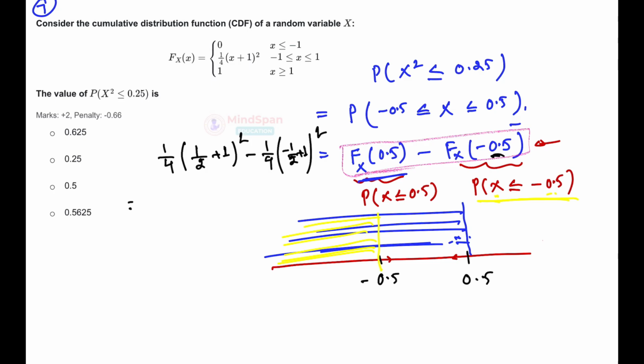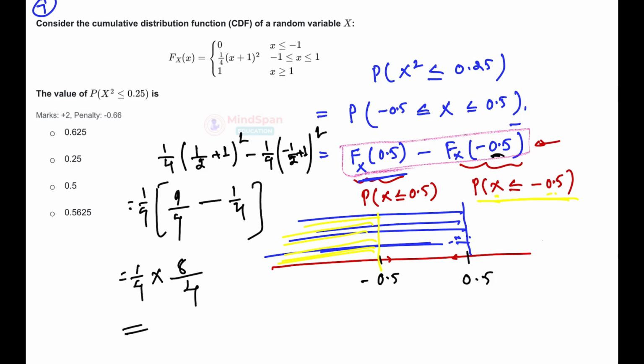Now you can do the further calculation, that will be 1 divided by 4, here we will have 9 divided by 4 minus 1 divided by 4, so that will be 1 divided by 4 into 8 divided by 4. So overall we will have 1 divided by 2, that is 0.5. So C is the correct answer for this question.